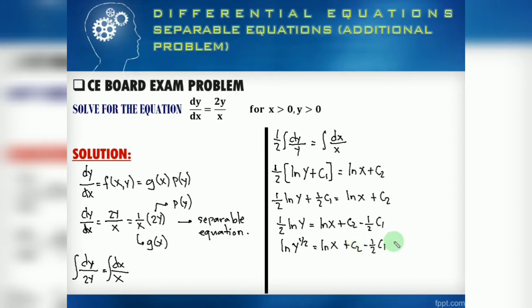We will assign a constant value for these two terms, c2 and c1, letting c3 be equal to c2 minus 1/2 of c1. So we will have this equation: ln x plus c3.